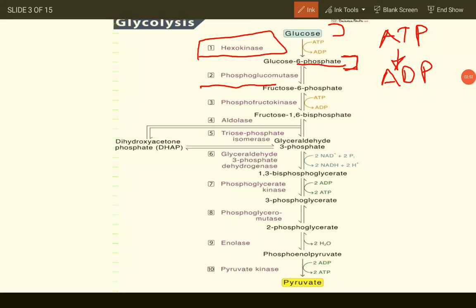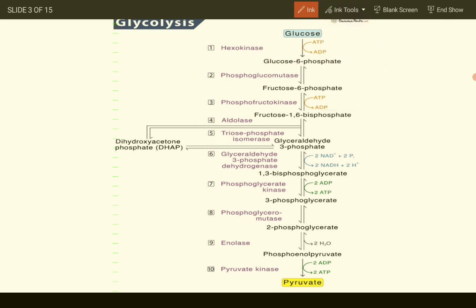Another important thing is that this is a non-reversible reaction, only one directional.